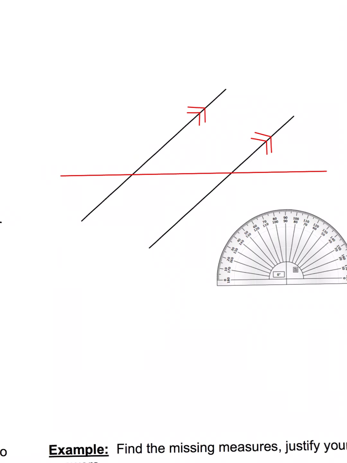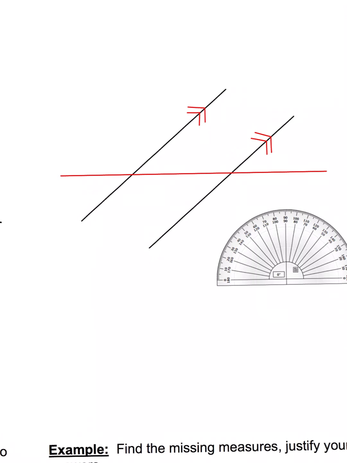And then remember, the transversal is the line that passes through those two parallel lines in this case. What you need to know with parallel lines is those angles that we learned yesterday are going to have certain relationships.